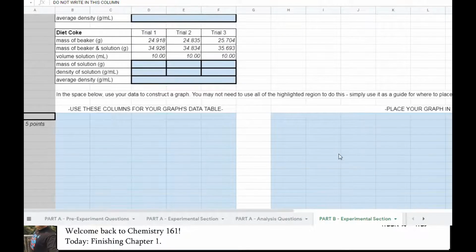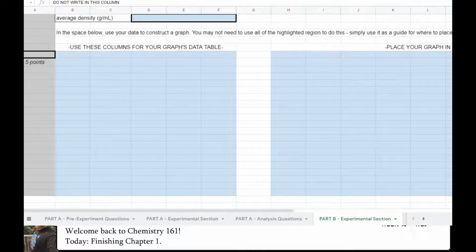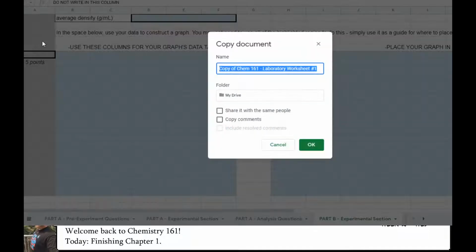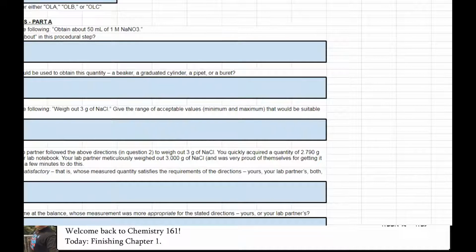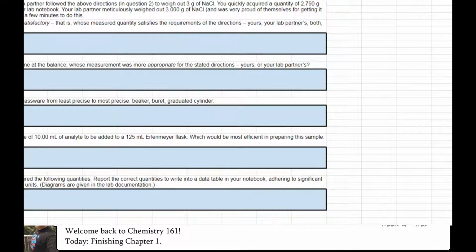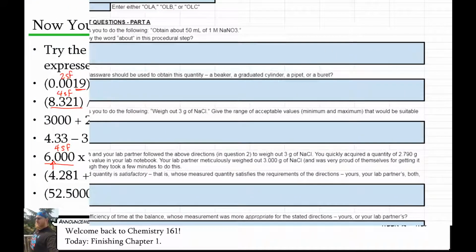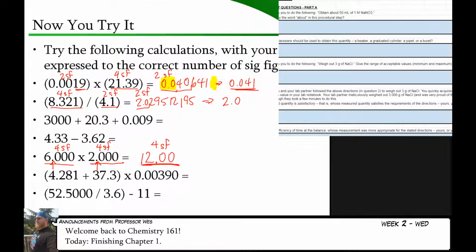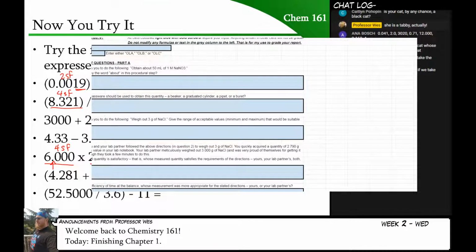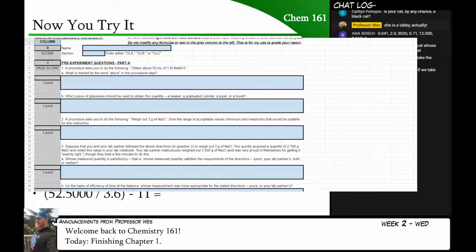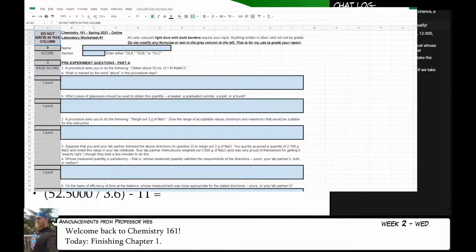So here's our data tables. And then it says, use these columns for your graph's data tables. So you're going to put some numbers in here. We're going to just make some random numbers up. Let me make a copy so that I'm not editing something while you are downloading it, because that would be weird. And I actually want you to be able to see that up there at the top.